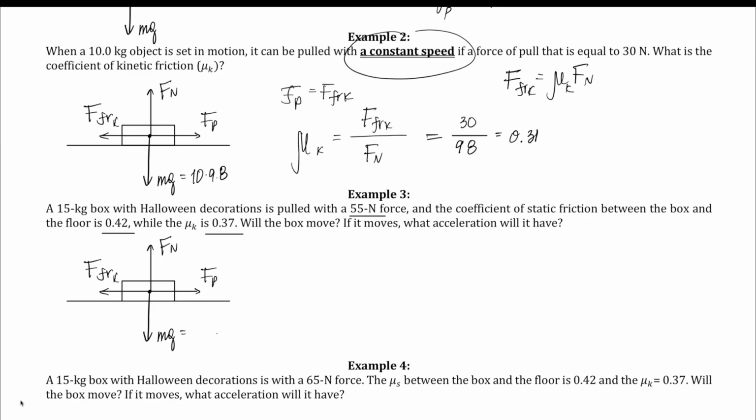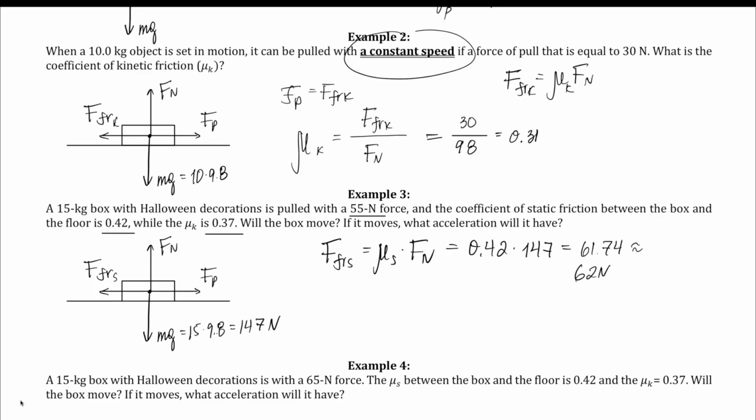For now, I'm just going to say force of friction static here. That is going to be 15 times 9.8. So we've done it a bunch of times. It's 147 newtons. Force of static friction, take the mu s and times normal force. So it's going to be 0.42 times 147, 61.74, 62 newtons.